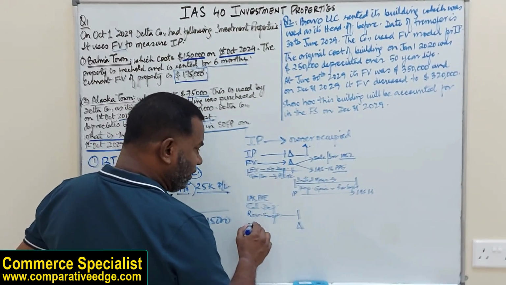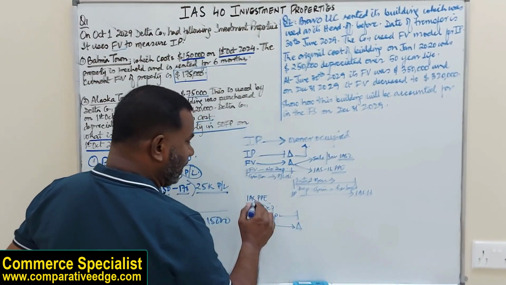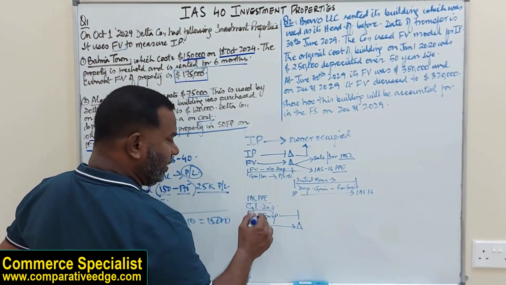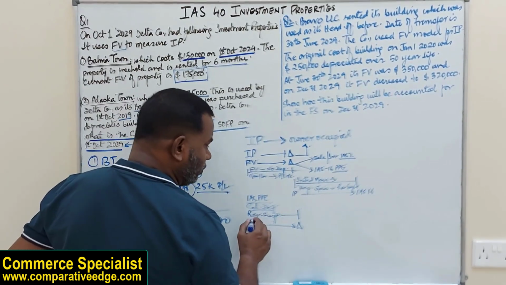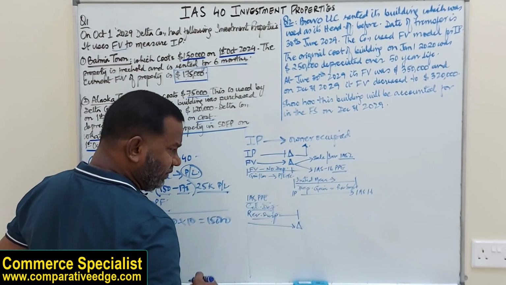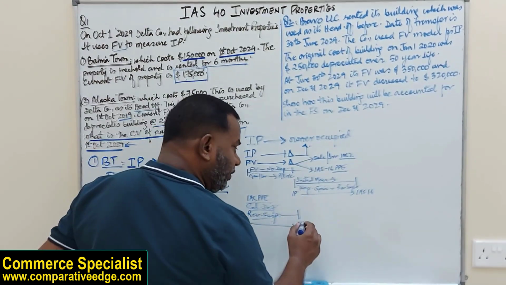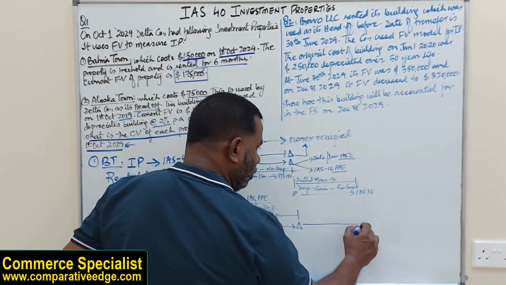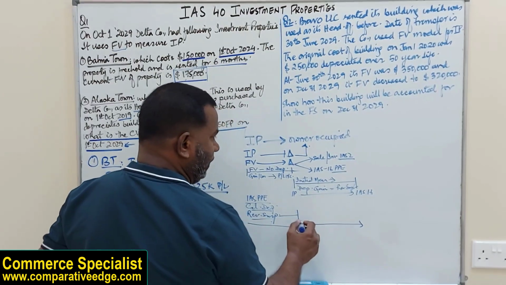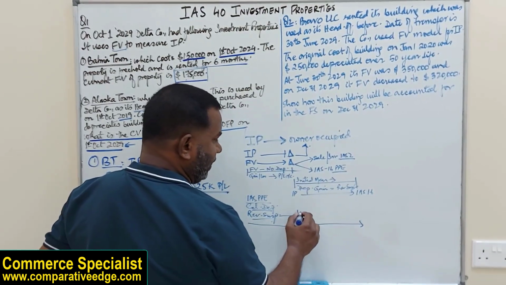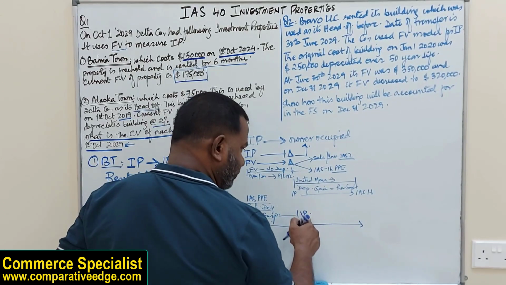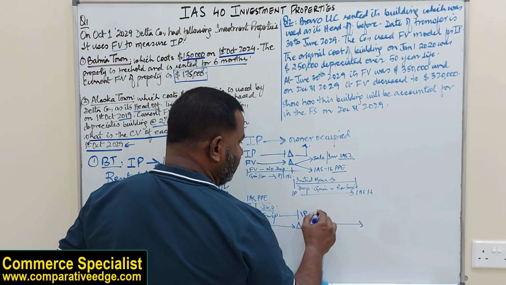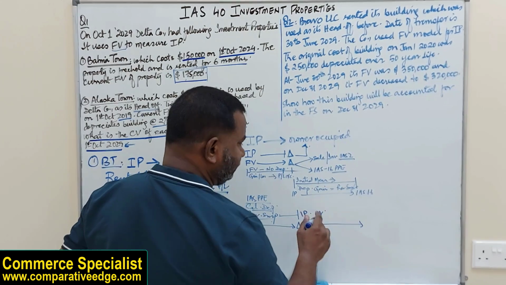So till the date of change of use, yes, you will calculate depreciation. If there is any difference in carrying value and fair value, it will go to revaluation surplus or otherwise. So from date of change onwards, the property is recognized as investment property, and when it is recognized as investment property, it is measured initially at fair value.